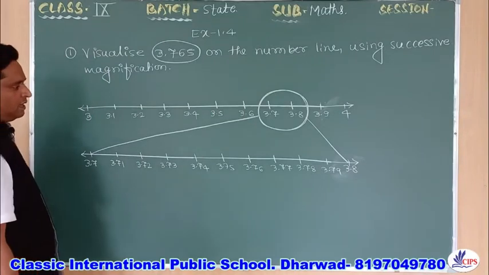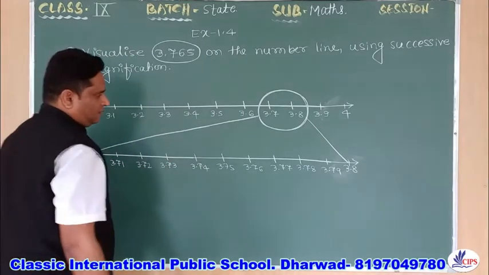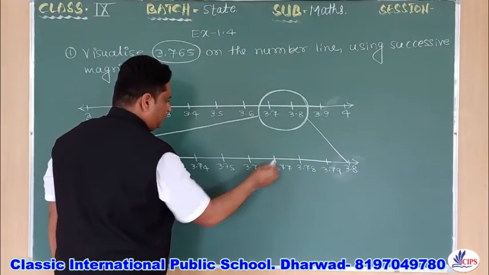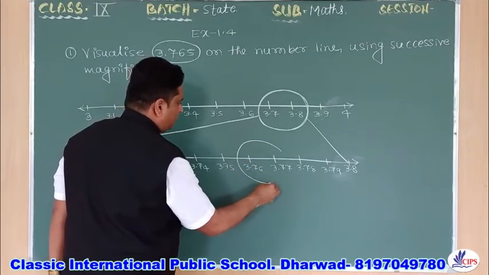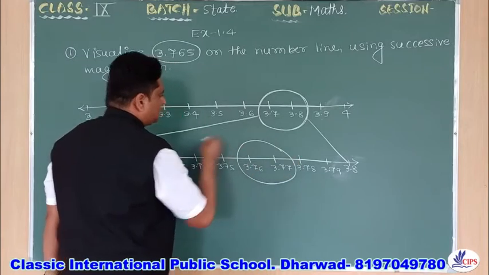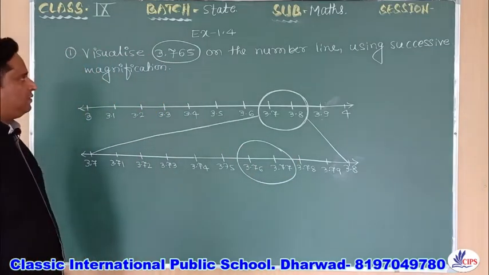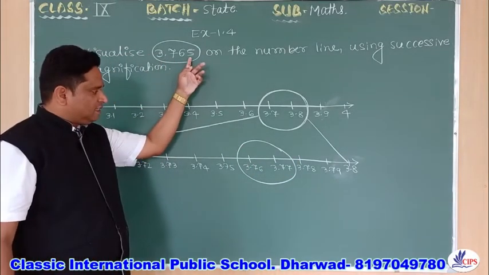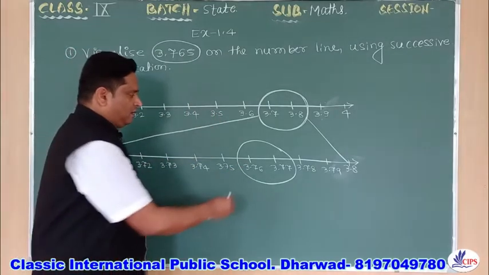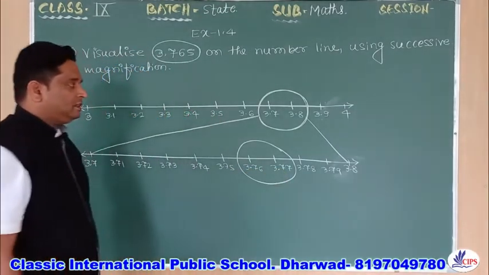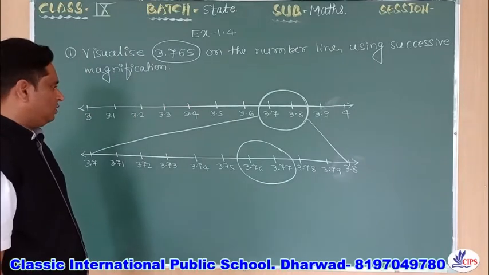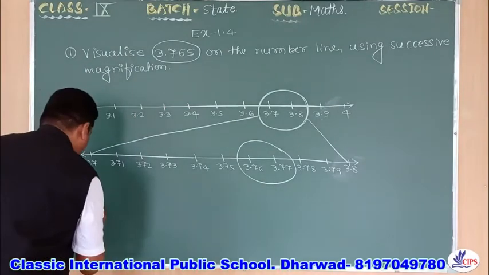Okay, now 3.765. 76 means it will come between these two. It is the number between 3.76 and 3.77. Understood? So I'll draw one more number line over here.